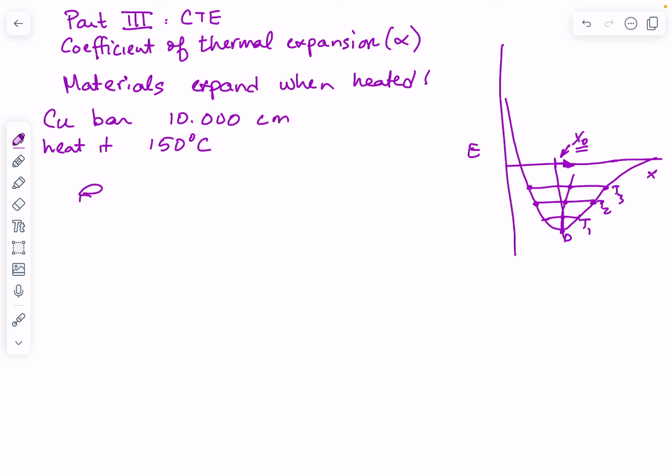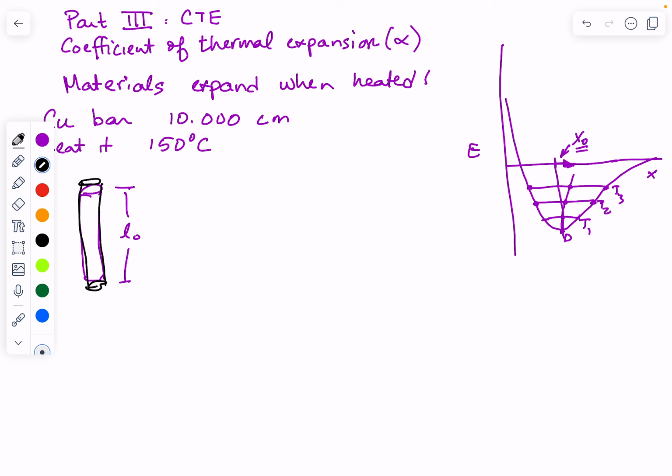If the bar started off at its original length, let's call it L0, and then we heated it up 150 degrees C, we would simply observe the bar would be longer. I'm exaggerating how much longer it would get. It wouldn't really get visibly longer, but it would get measurably longer. The final length of this copper bar we could call LF. LF would correspond to a final temperature, and L0 would correspond to an initial temperature.